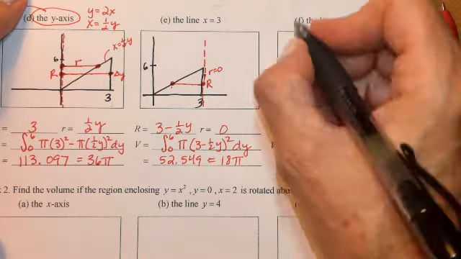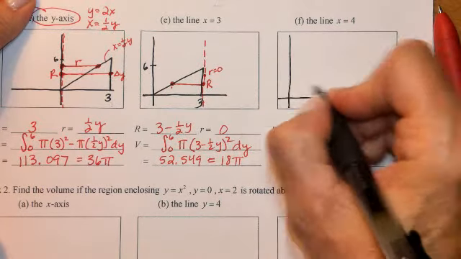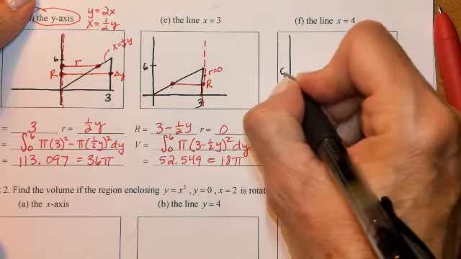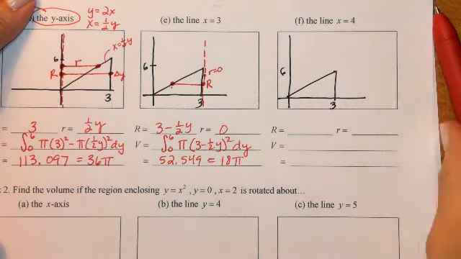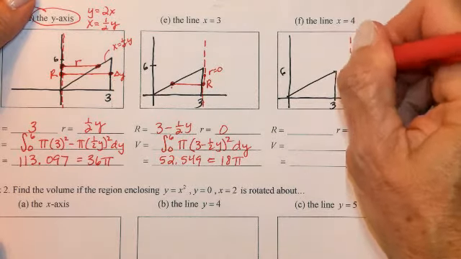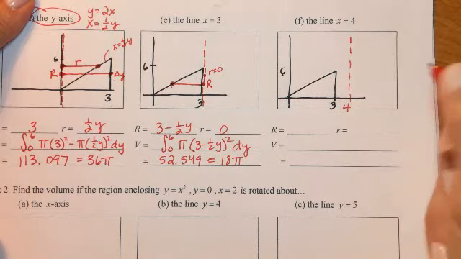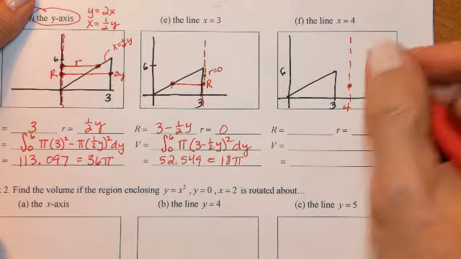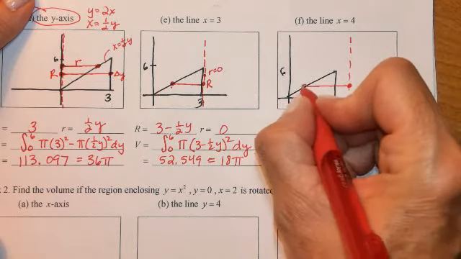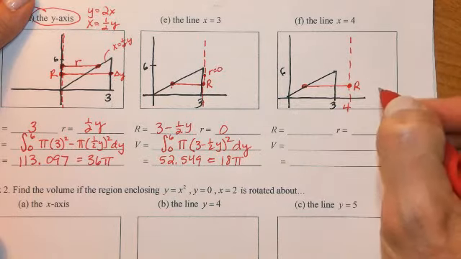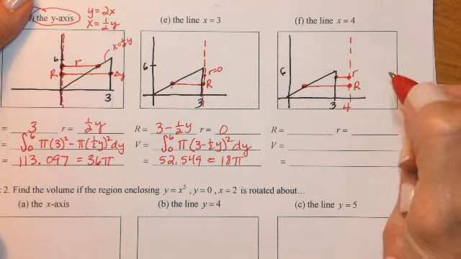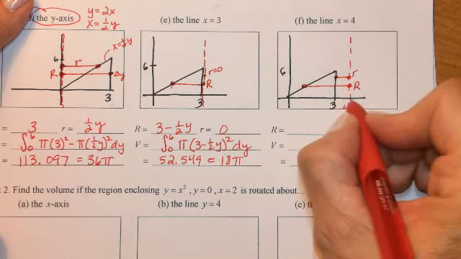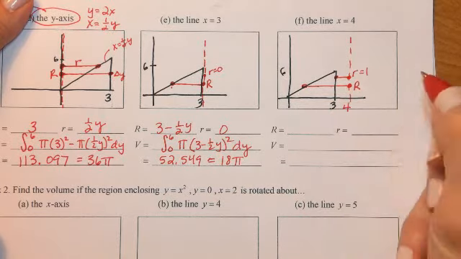Same region, this time revolve it around x equals 4. Well, x equals 4 is out here somewhere, right? From your axis of revolution to the far side of your region is the length of big R. From the axis of revolution to the close side of your region is your little r. Little r here is always 1, 4 minus 3.